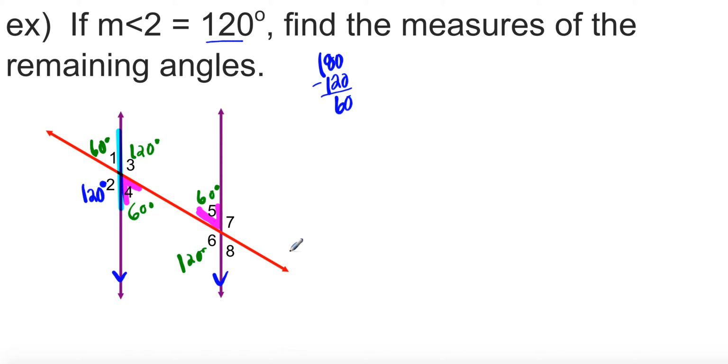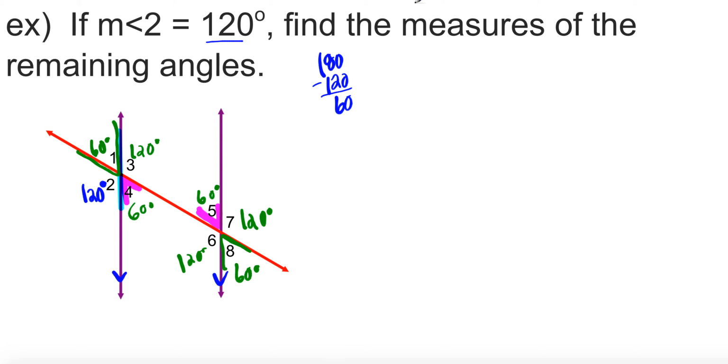Now we can go a couple of different routes here, guys. We can just use the idea 5 and 8 are vertical, or we could also say 1, here's angle 1, and 8 are alternate exterior. Lots of ways to look at it. Now that you know all these classifications, there's so many different ways to find the answer. Regardless, it's 60 degrees. And 6 and 7 are vertical, so it's 120 degrees.